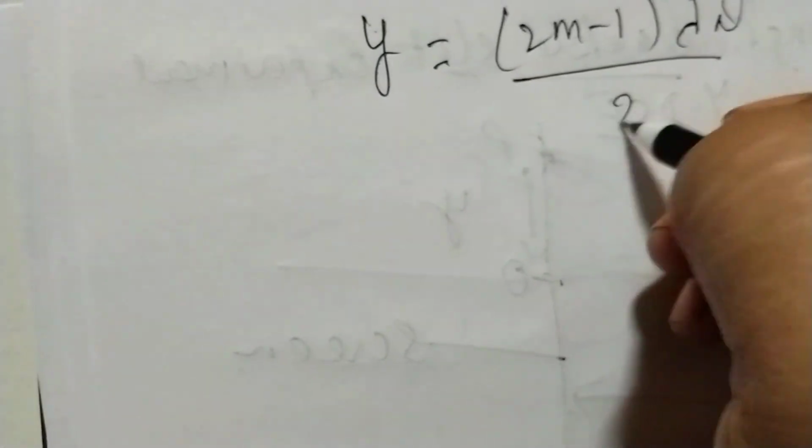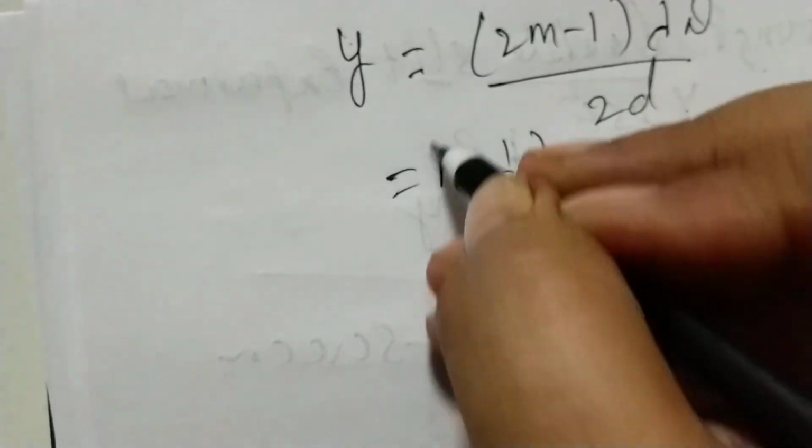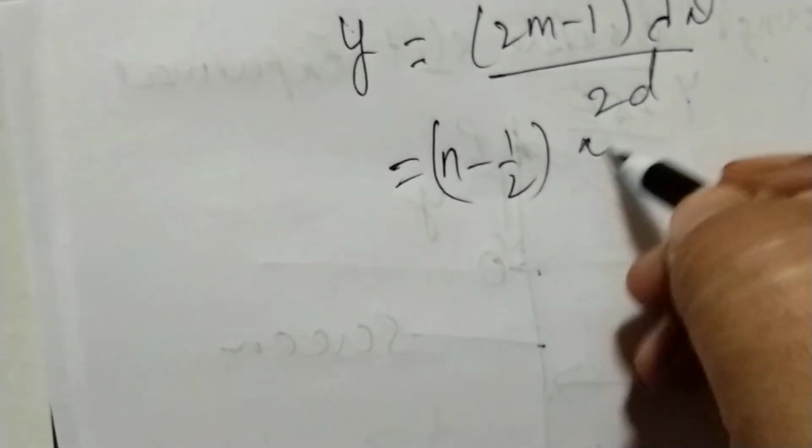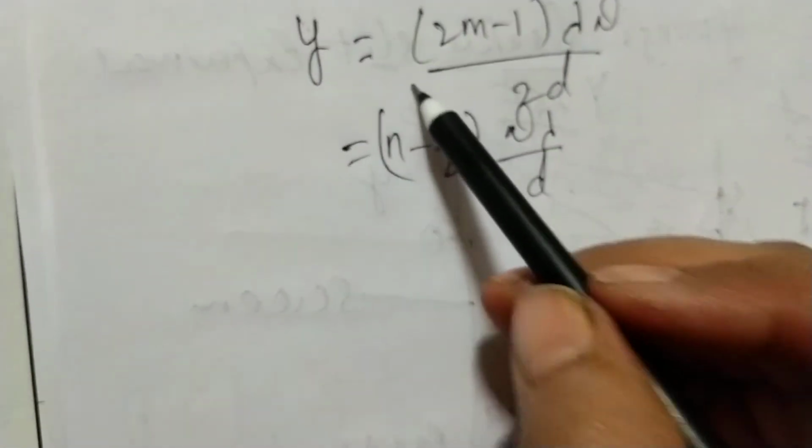If you substitute, you get y as 2m minus 1 lambda D by 2d. So this becomes m minus half, D lambda by small d.